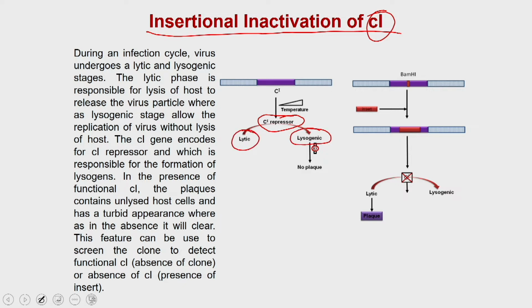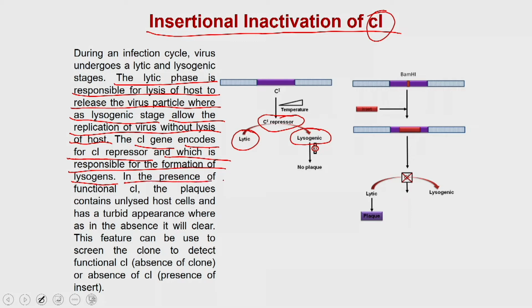Within the lytic cycle, there is lysis of the host to release the virus particles, whereas the lysogenic stage allows the replication of the viruses without lysis of the host. And the CI gene encodes a CI repressor, which is responsible for the formation of the lysogens.